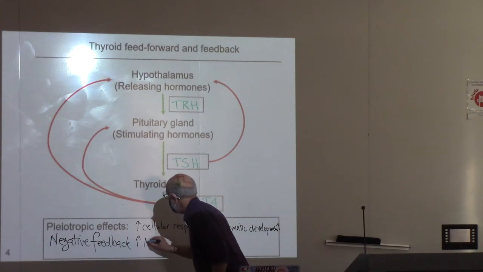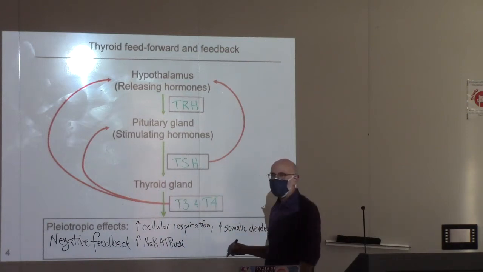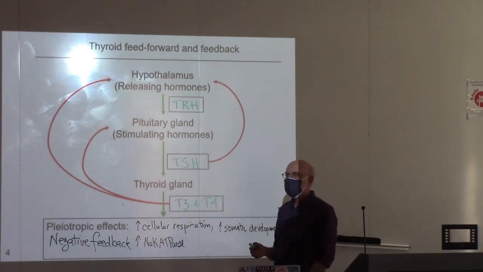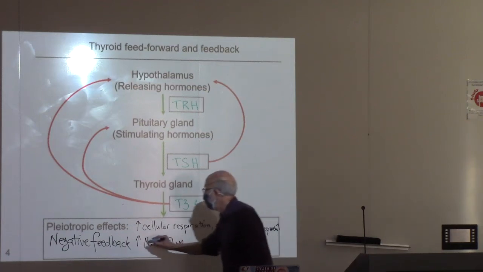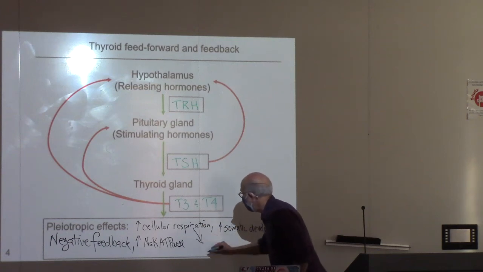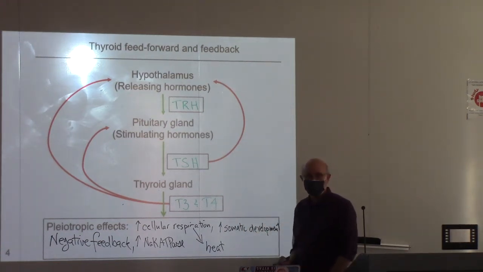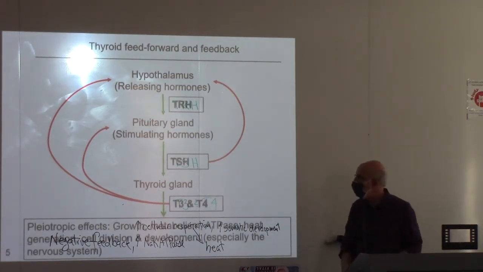Increases synthesis of the sodium-potassium ATPase, necessary for making and maintaining ionic gradients, homeostasis of ionic concentrations, and cellular respiration. Increased cellular respiration, actually, one of the byproducts of cellular respiration is heat, production of heat. So I don't remember what was on my slide.